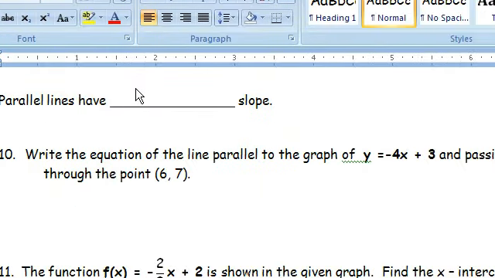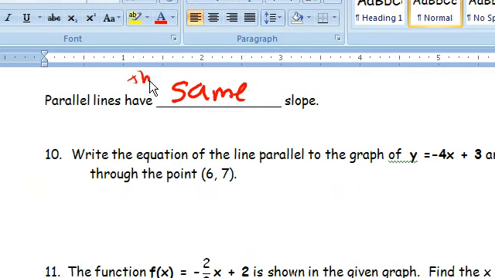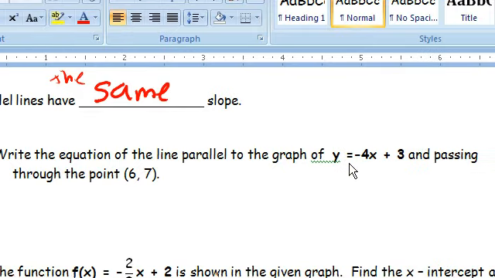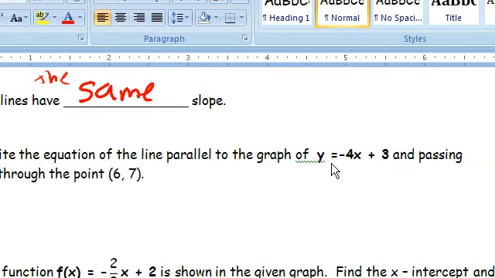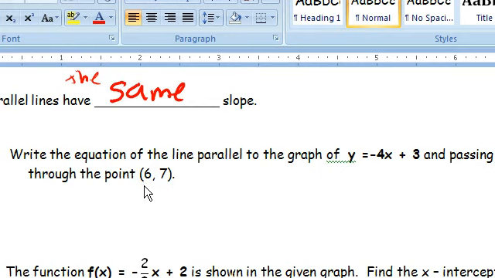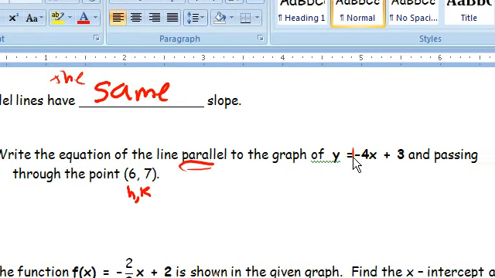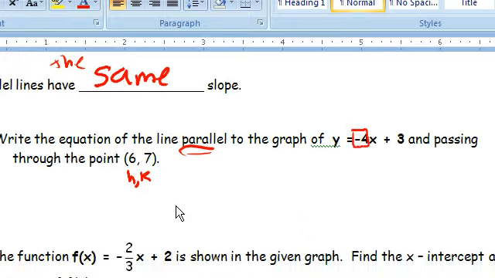Parallel lines have the same slope. So if we want to write an equation that's parallel to this graph that passes through this point h, k, and we know that it's parallel, that means that the slopes are the same, so our new line will have this slope, negative 4.